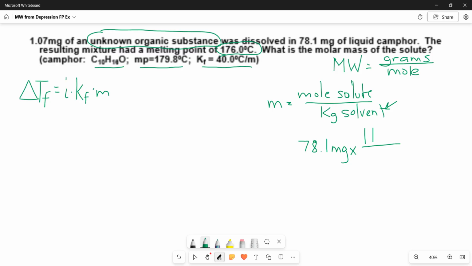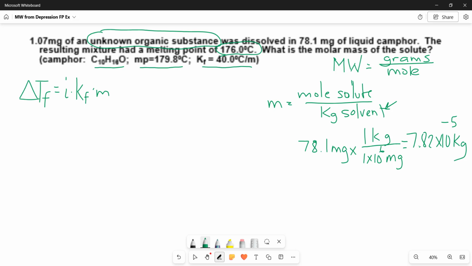So 1 kilogram is equal to 1 times 10 to the 6th milligrams. All right. So if I calculate that, I am going to get 7.82 times 10 to the negative 5th kilograms. So I now have the denominator for molality.